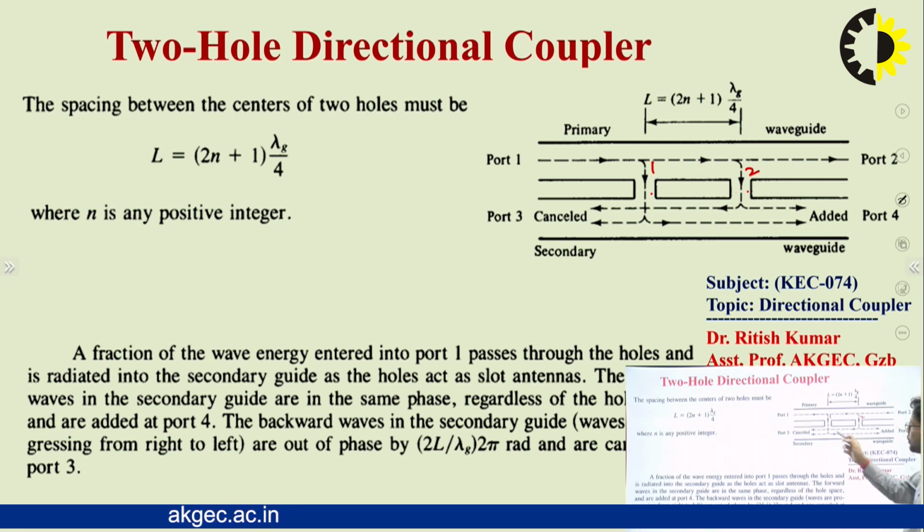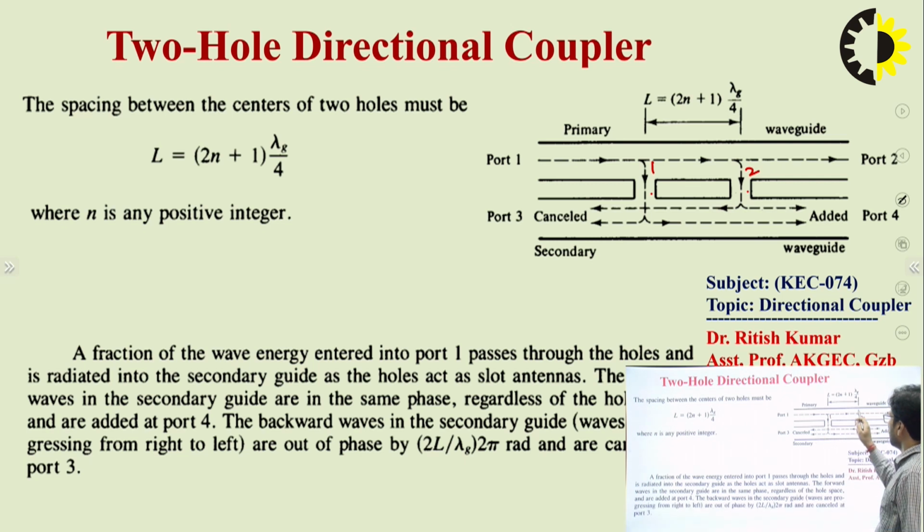While in the case of port number 3, how much distance travels from port number 1 passing through hole number 1 and hole number 2? There is a difference in how much more distance is traveled from port number 1 to port number 3. This total distance is lambda g by 2.